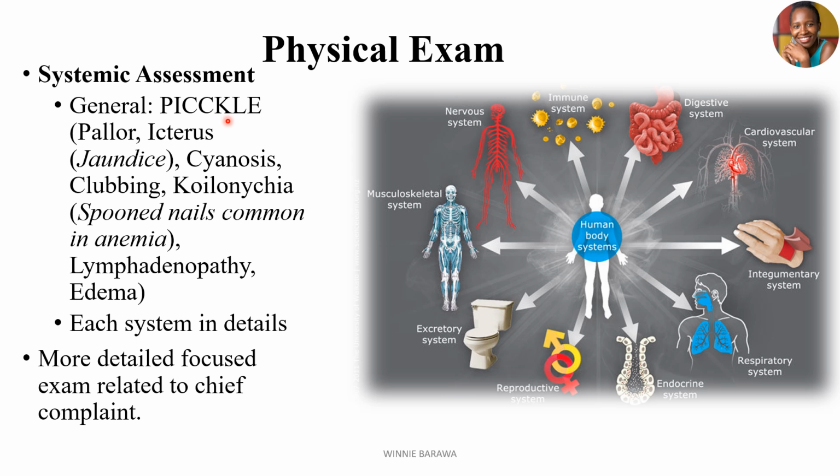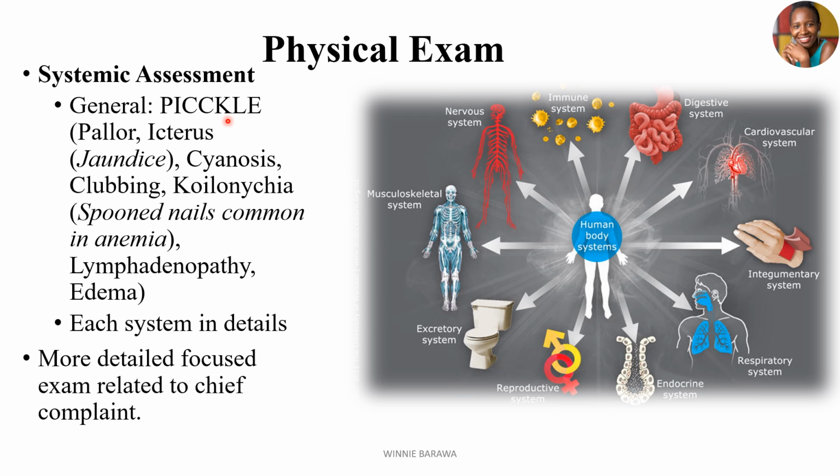And then from the general survey, we now flow to each system in detail. So with each system, we describe each system and provide detailed information from each aspect. However, we are told you can focus on systems that have presented in the chief complaint or have presented in the history of presenting illness.